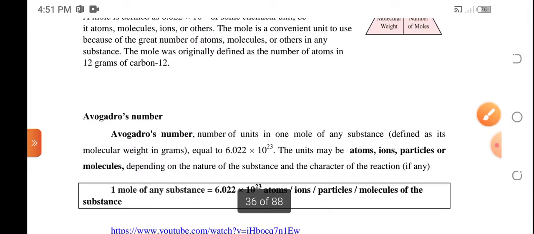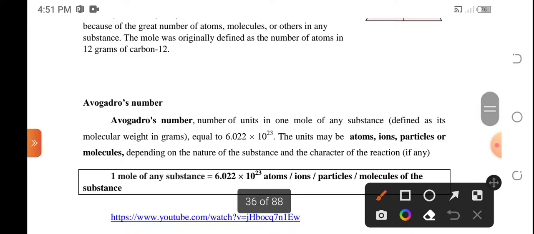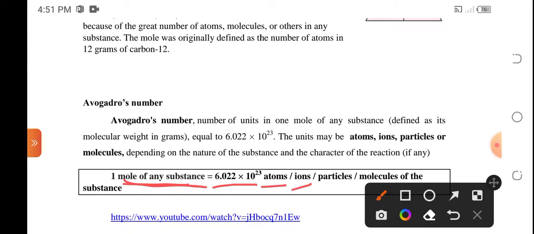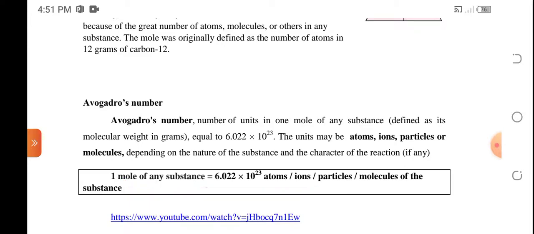So the conversion is that 1 mole of any substance, any element or any compound, will always be equal to 6.022 times 10 raised to 23 atoms, ions, particles, or molecules of that substance.